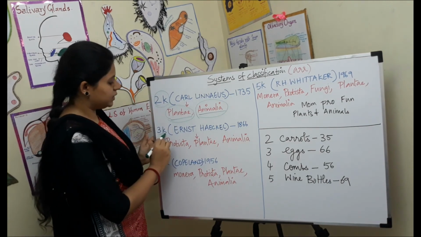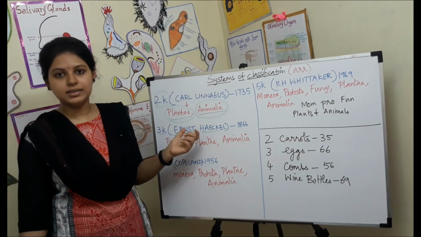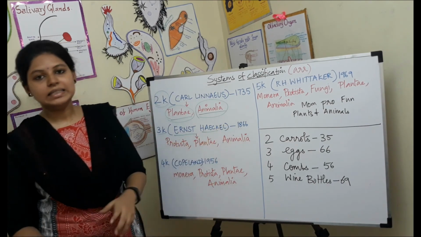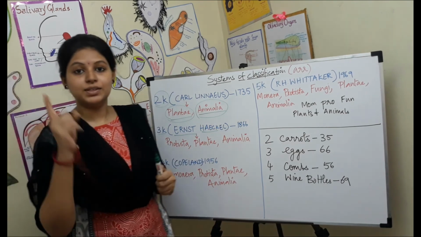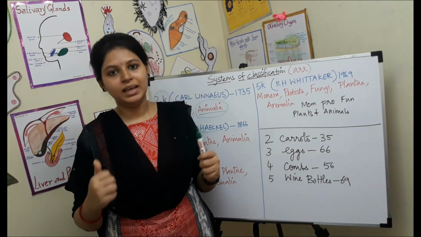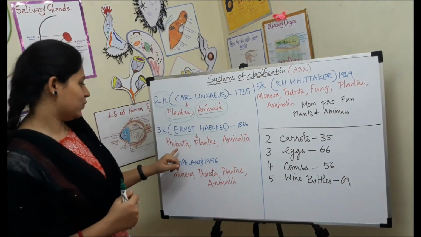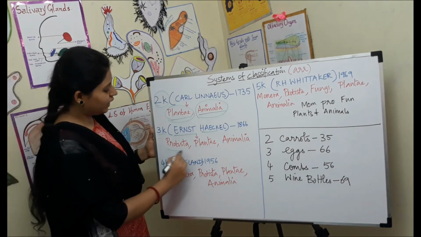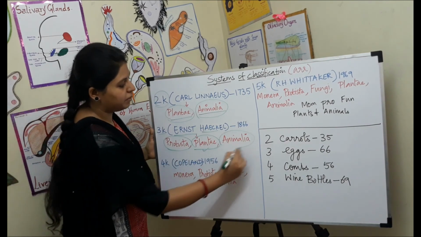Next, the three kingdom system of classification by Ernst Haeckel in the year 1866. He found that Carl Linnaeus missed one more kingdom. Let me introduce this kingdom in my own system of classification. So he introduced a new kingdom, Protista. We know Plantae, plants, Animalia, animals.